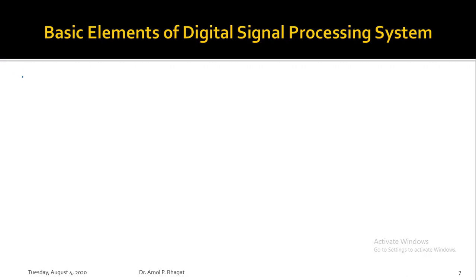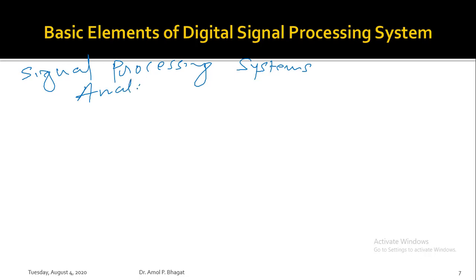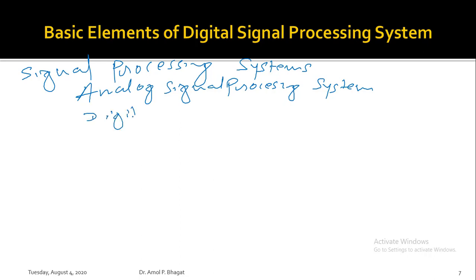So if I'm considering signal processing systems, this can be broadly categorized as analog signal processing system and, second, digital signal processing system.